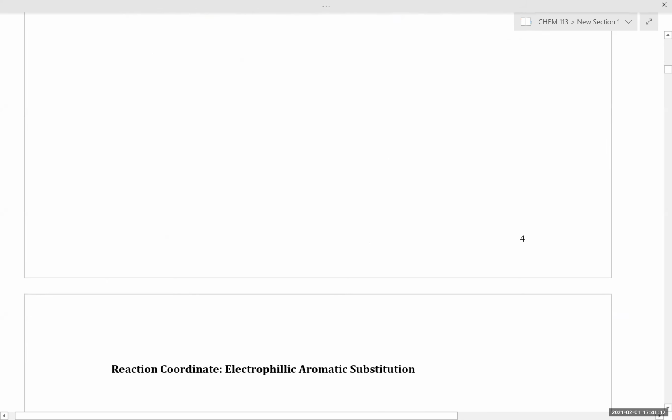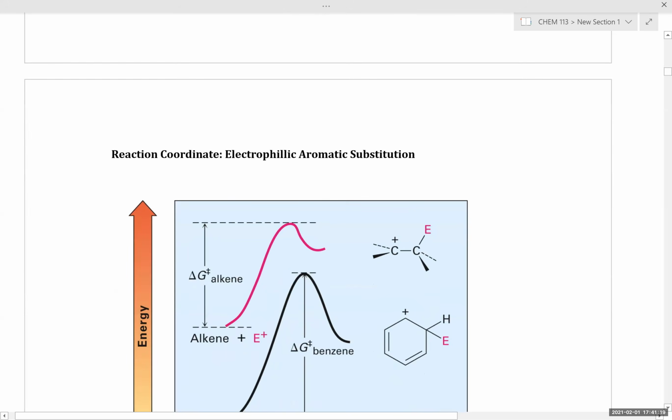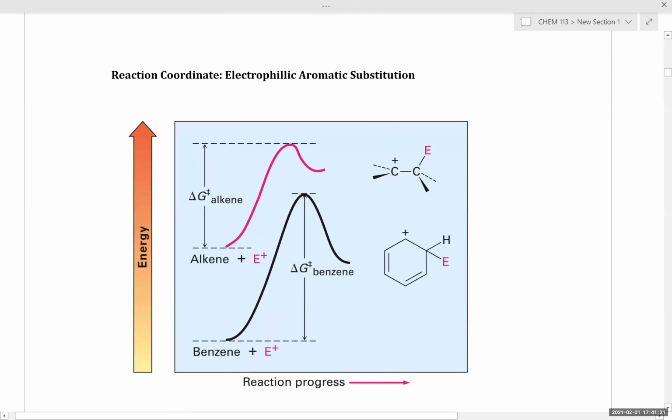So we've seen one example. Let's take a moment and think a little bit about what's occurring from an energetic perspective during the first step of electrophilic aromatic substitution. If we compare electrophilic aromatic substitution to the first step of electrophilic addition, if we compare an alkene to an aromatic benzene ring, there are two main features of this graph that I'd like to draw your attention to.